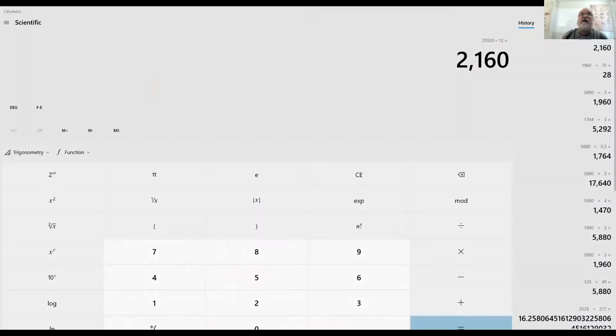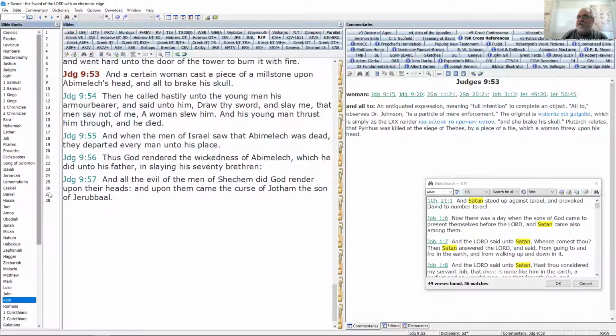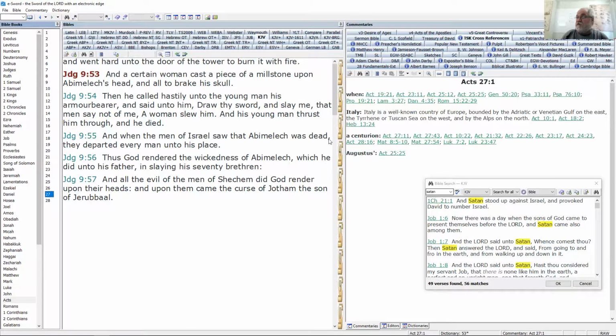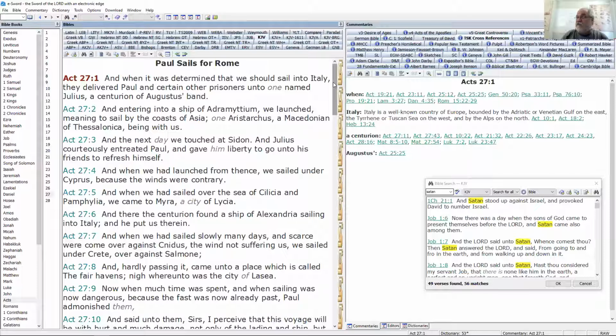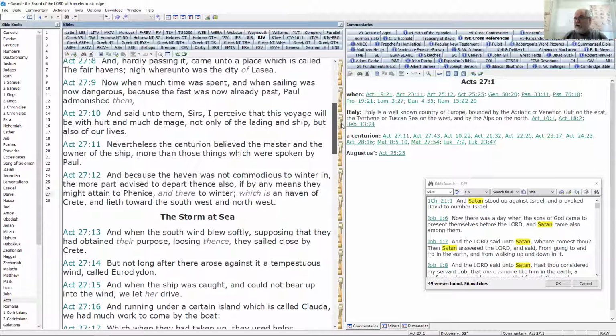Yeah. Now, one of the things, if we go to the story of Acts, and I want to go there because we've looked at this before, but I kind of want to remind people. So in Acts 27, this is the story of Paul sailing to Rome from Jerusalem, right? So it's his journey.